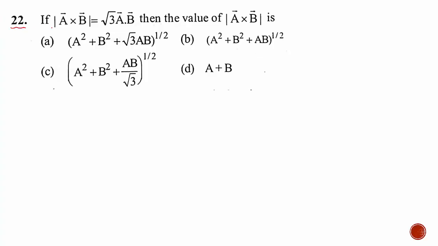22nd question. If mod of vector A cross B is equal to root 3 A dot B, then the value of the angle is. Yes, this is a cross product.